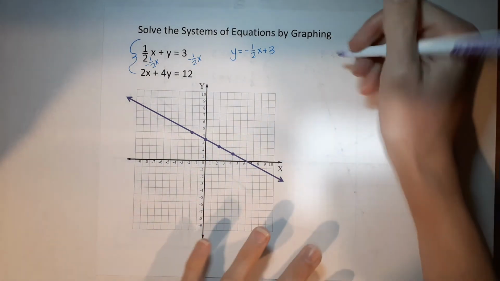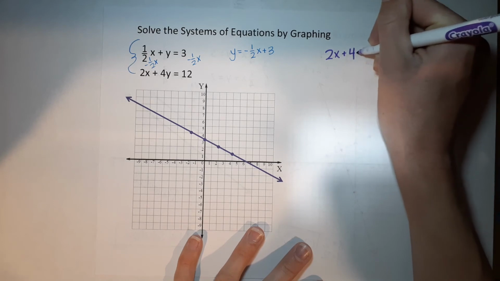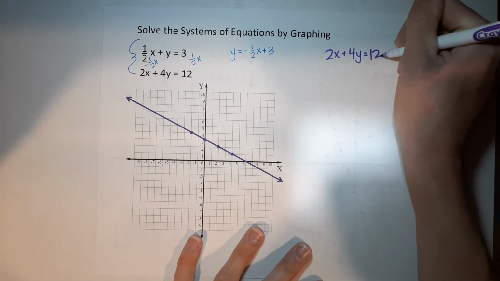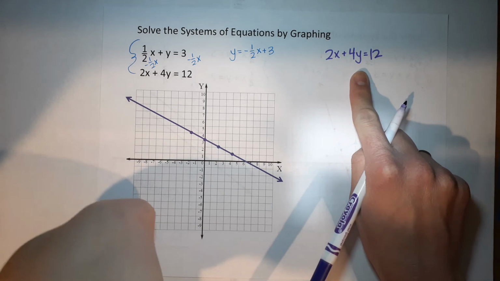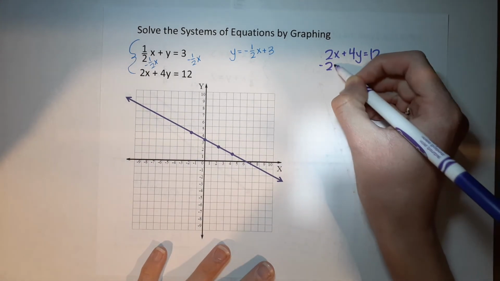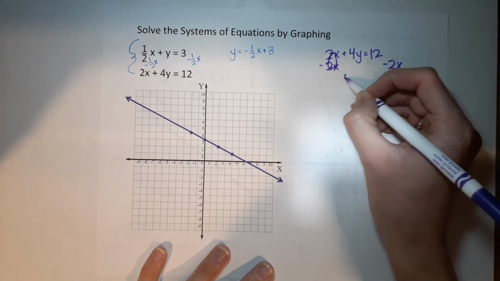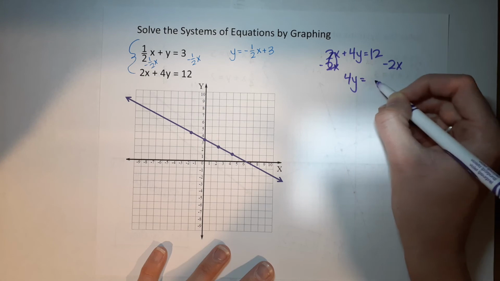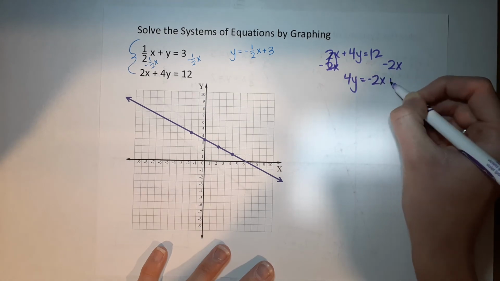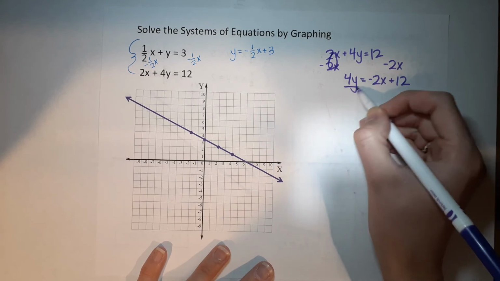Then I need to get this one friendly to graph. I'm going to write over here just so I have more space. We've got 2x plus 4y equals 12. I want to get y alone because that's slope-intercept form. So I'm going to subtract 2x from both sides. Over here I'm left with 4y equals negative 2x plus 12. Y is almost alone. I need to get rid of that 4.